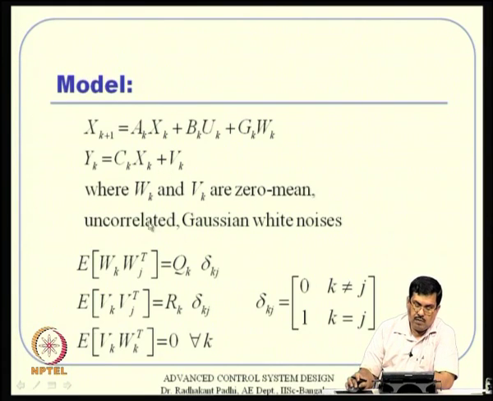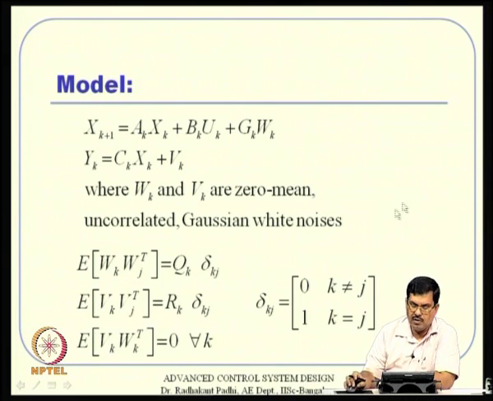Okay. Again we assume that w k and v k are 0 mean uncorrelated Gaussian white noises. These are a little bit strong assumptions, but these are standard assumptions for Kalman filter theory. So, the system is corrupted by noise, but the noise satisfies this property. Both of the noises have 0 mean, they are uncorrelated, and they are Gaussian processes also.